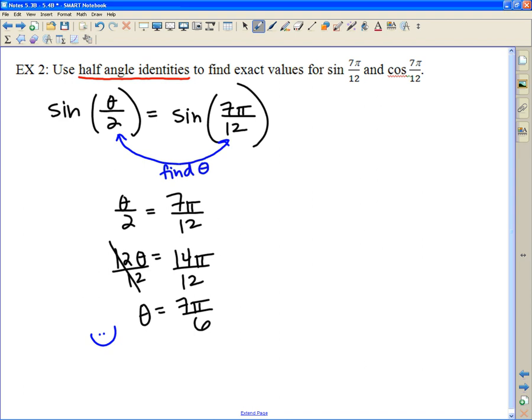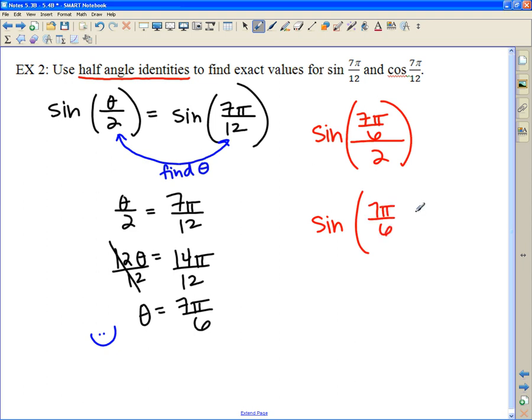So what I want to show you is that if you have to use half-angle identities, you are going to say that the sine of your theta is 7 pi over 6 divided by 2. I just put theta in here. And the reason why I'm emphasizing this is because I believe it can be really confusing. Let's remember that what you're truly evaluating is 7 pi over 6 divided by 2, which is really times 1/2.